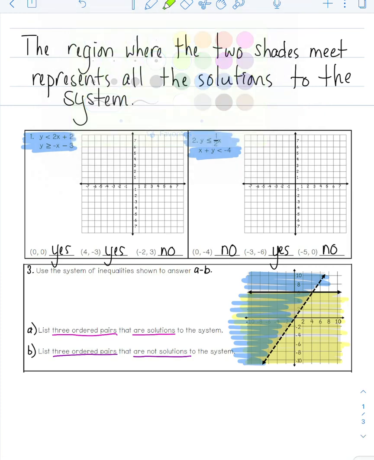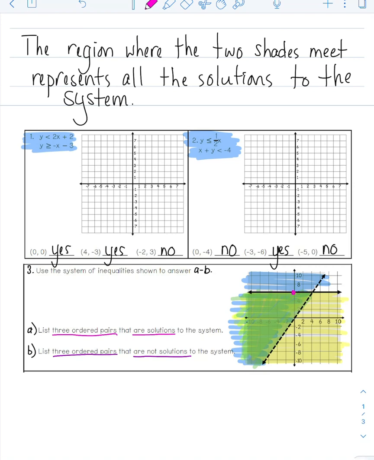So this part right here, let me do a darker green, that didn't show up very well. All of the points here are my solution, or part of my solution. So all I want you to do is just pick points that are either on the solid line or in the double shaded region. And as long as they're there, they're going to be correct.